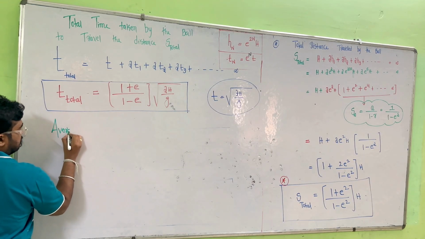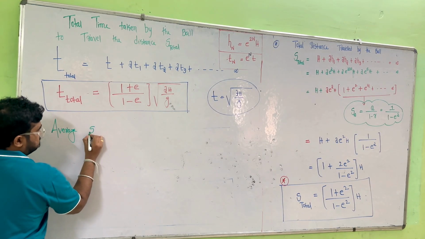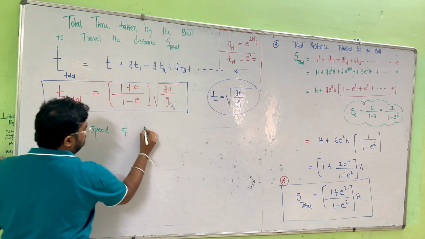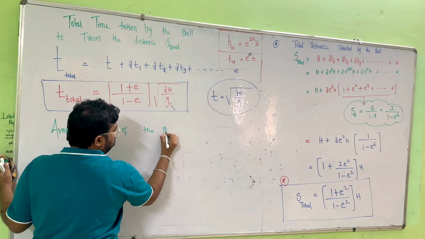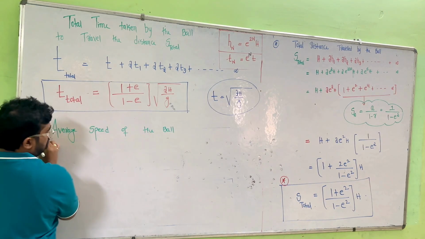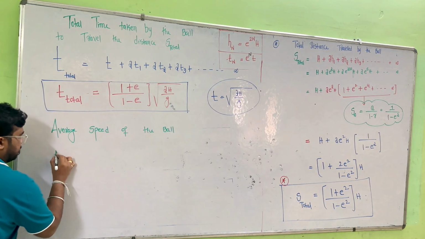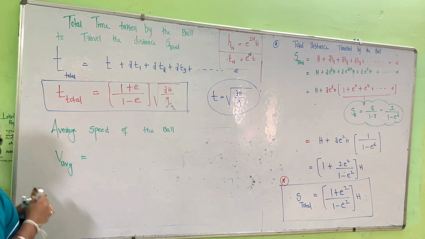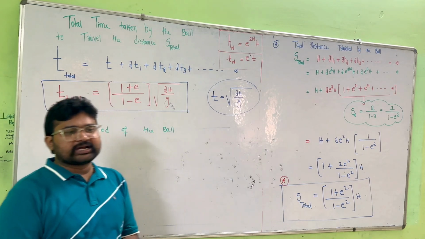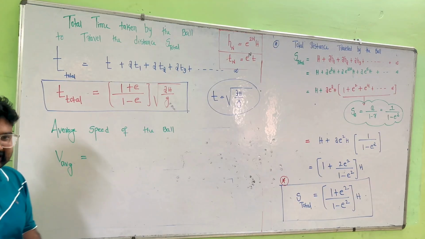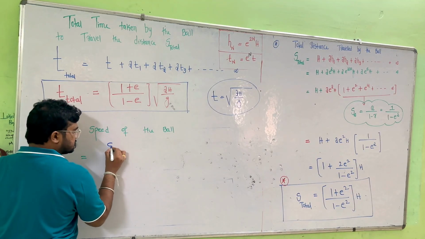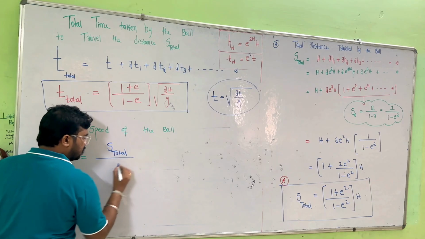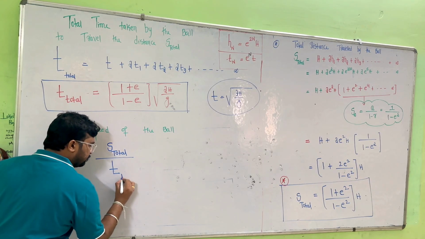Average speed of the ball. What is the average speed? V average. Generally, average speed can be written as total distance by total time: S total by T total.